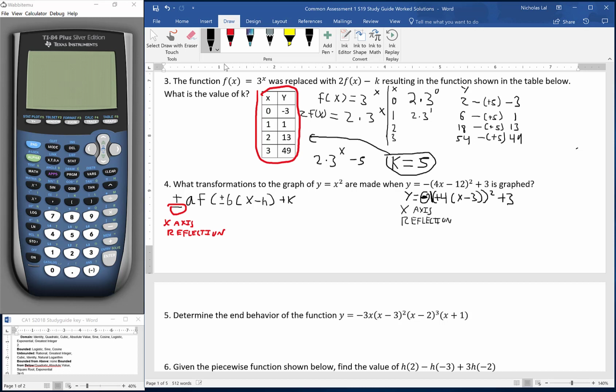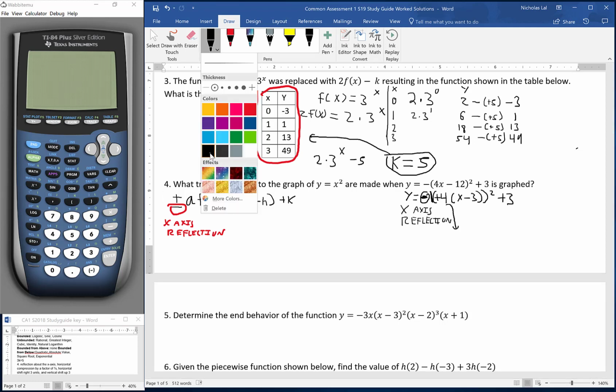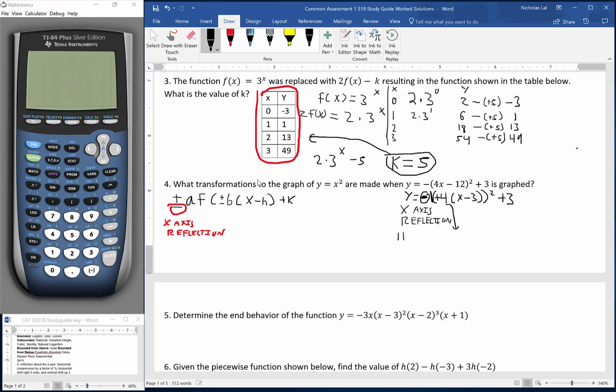That 4 means that there is a horizontal shrink, horizontal compression, I should say, a horizontal compression by a factor of 1/4.